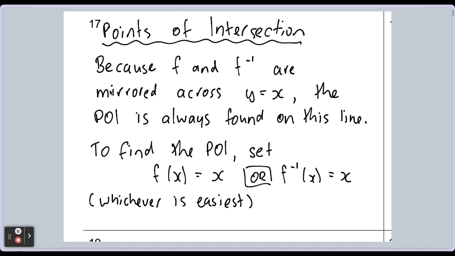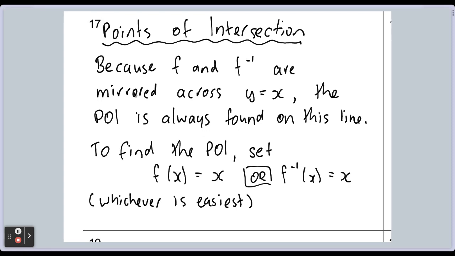I'll give you just a quick chance to write that down, but you'll see this in action. Because we reflect across y equals x, the point of intersection is always found on this line. Could be more than one point of intersection. It's always found on this line. To find the point of intersection, we set f of x equal to x, or the inverse function equal to x, and then solve whatever is easiest.